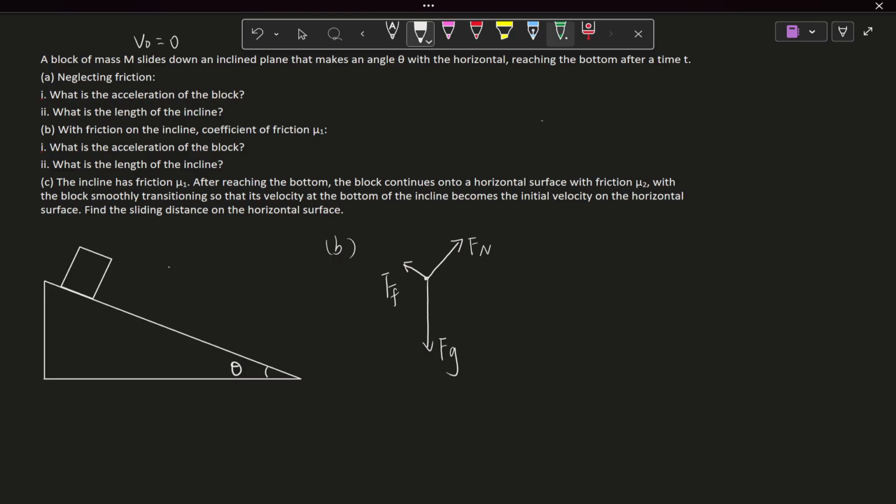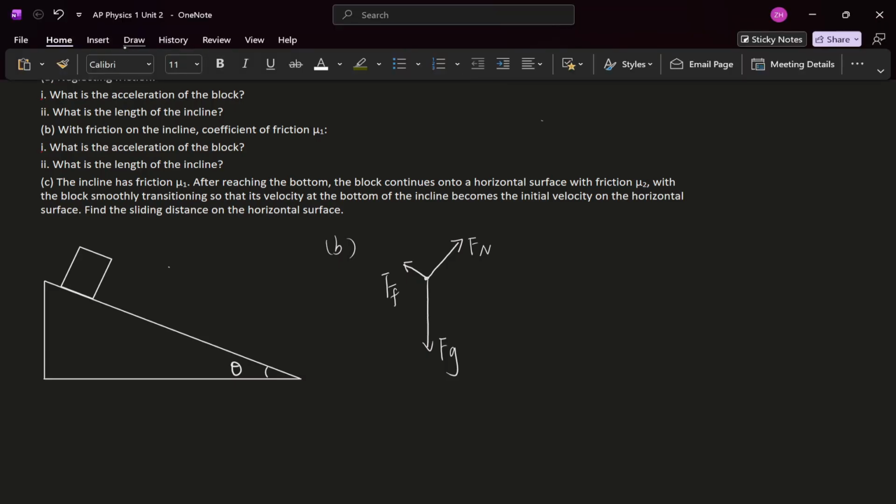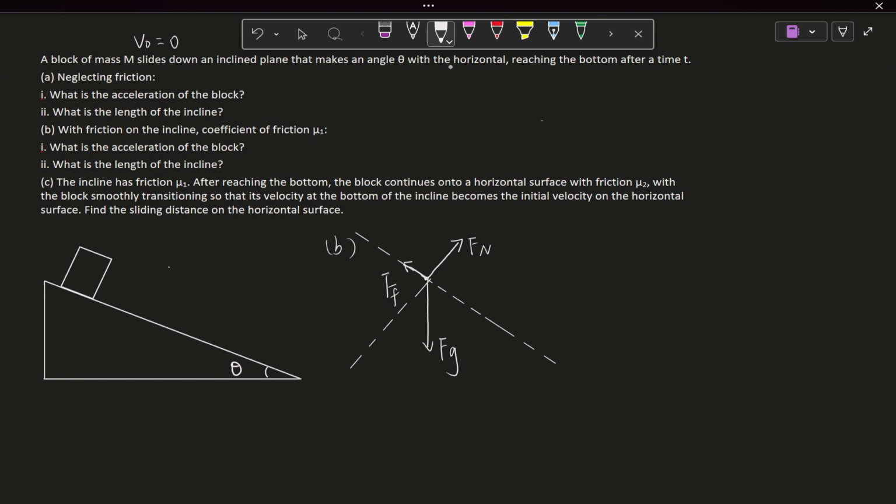So this is your free body diagram, and now let's break them down into components. It will look something like that. This is your theta. The only force that is not in components is Fg, because other forces like Fn and Ff are all along the direction of the incline or perpendicular to the incline.